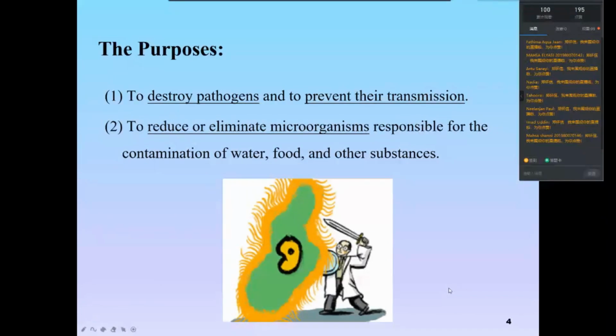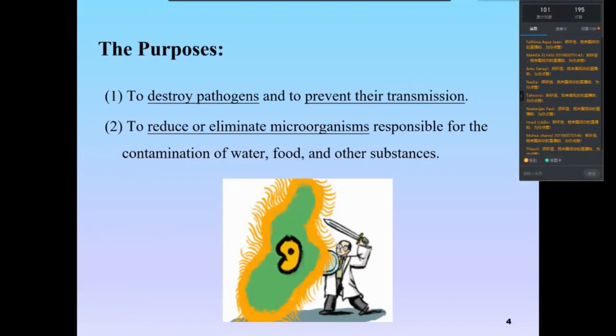The purpose of sterilization and disinfection is that first we can destroy pathogens and prevent their transmission. If there is some pathogen, we can destroy or kill them and prevent their transmission, so that the infection rate will be reduced.